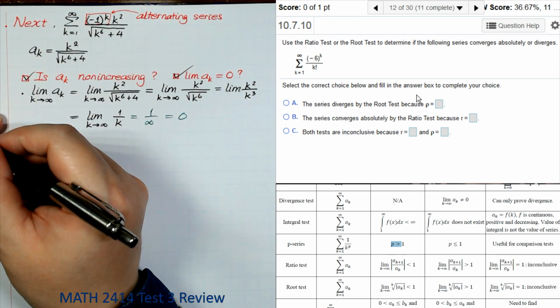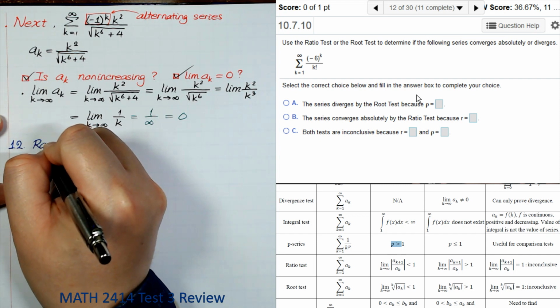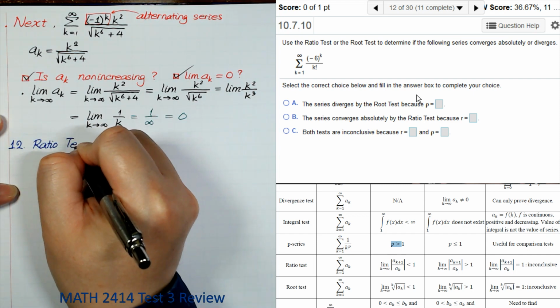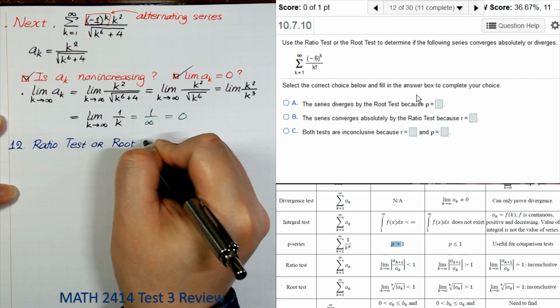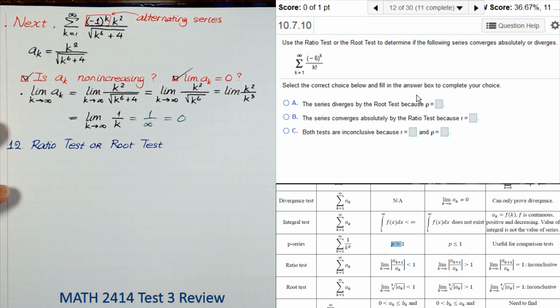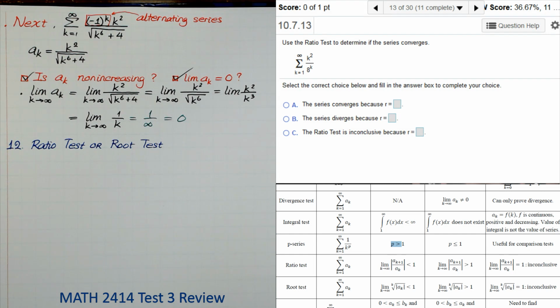Next we have the ratio test or the root test. So let's look at a few problems. This one, ratio test or root test. This is a ratio test. Now this can be done using the root test as well.